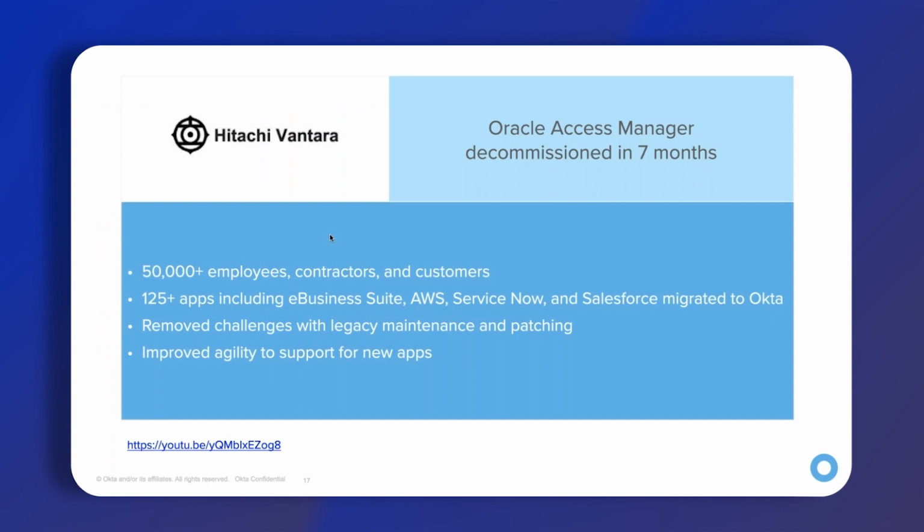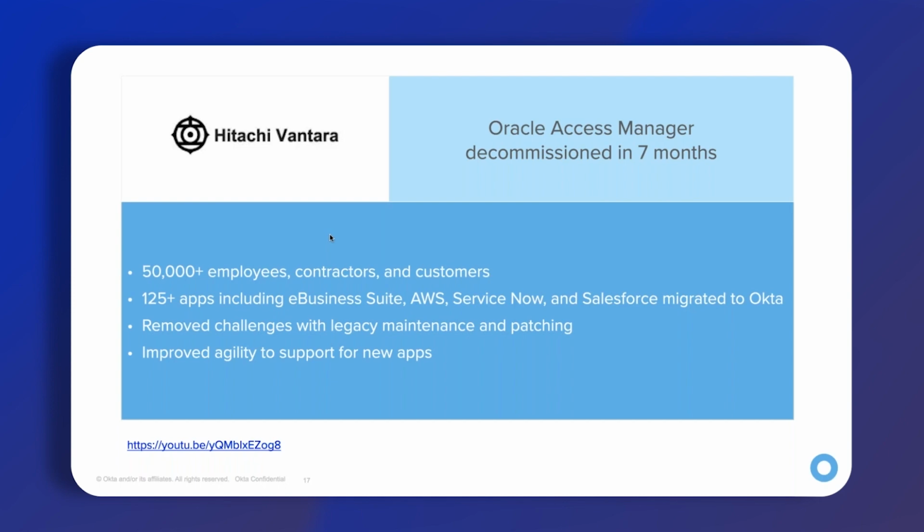Hitachi Vantara is a great example of a customer, however, that did things at a slower pace to decommission Oracle Access Manager in a way that was suitable for their over 50,000 employees, contractors, and customers. They had over 125 different apps, including eBusiness Suite, AWS, ServiceNow, and Salesforce, that were all migrated to getting their identity from Okta.